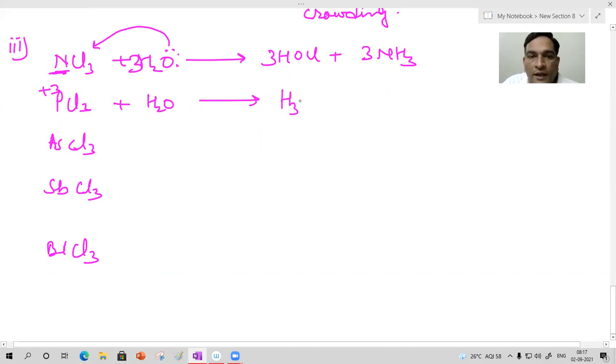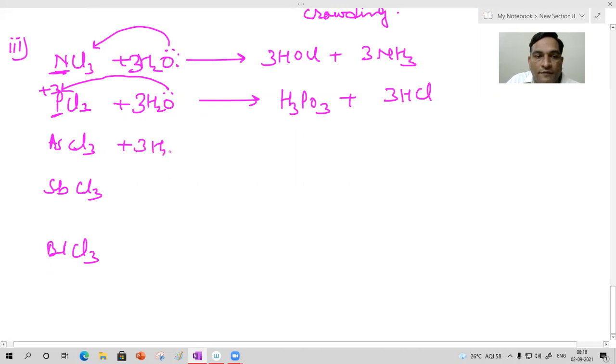We are getting H3PO3 plus 3 mole of HCl. 6 hydrogen, 6 hydrogen, 3 oxygen, 3 oxygen, reaction balanced. The same, my dear. What is the difference? Here, the lone pair of oxygen will attack the vacant orbital of phosphorus. That is the basic difference.